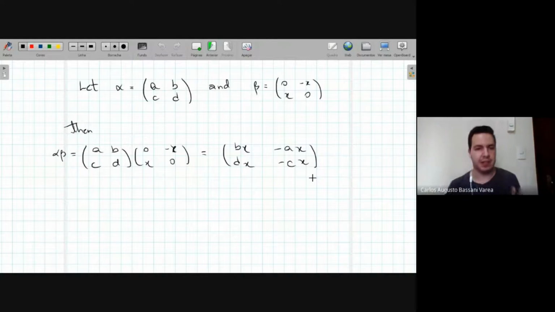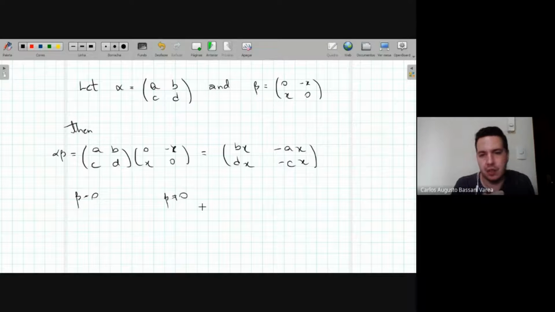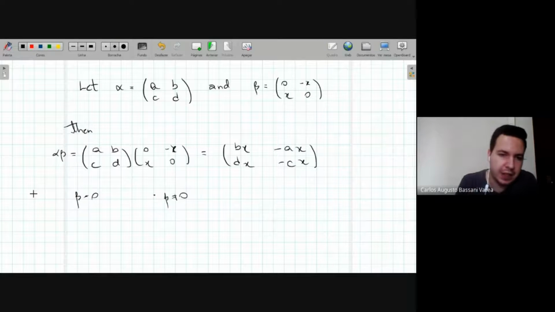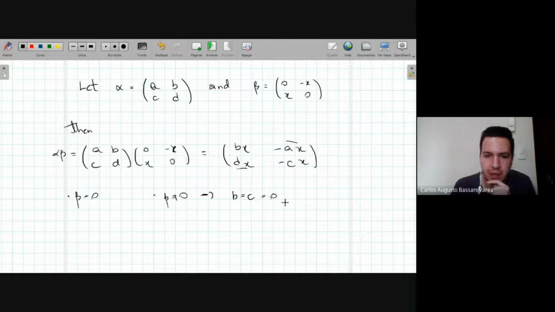We obtain this form, but from these conditions, alpha beta is a skew symmetric matrix. So we have two possibilities. Beta can be 0, then this matrix is 0, or beta is non-zero. And when beta is non-zero, we must have the diagonal 0 and this entry equal to this one, because alpha beta is a skew symmetric matrix. So when beta is non-zero, x is non-zero, then b and c must be 0, and a is equal to d.